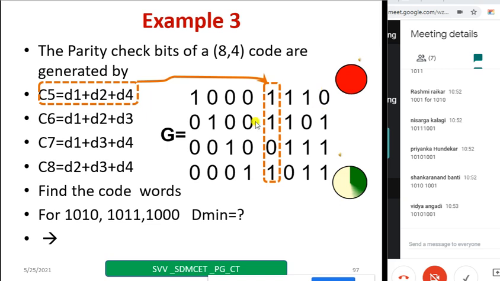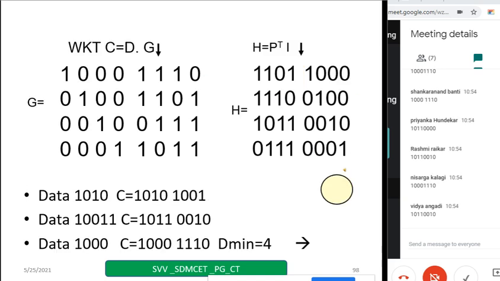Vidya Angadi has typed 10. Okay, it is the same. 1010. 1001. It is the same answer from Vidya Angadi also. Showing the code words. 1110 is correct for 1000, and for 1011, 0010.